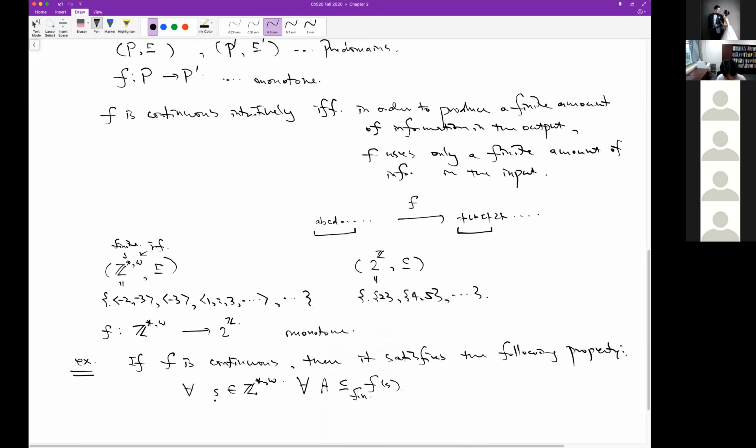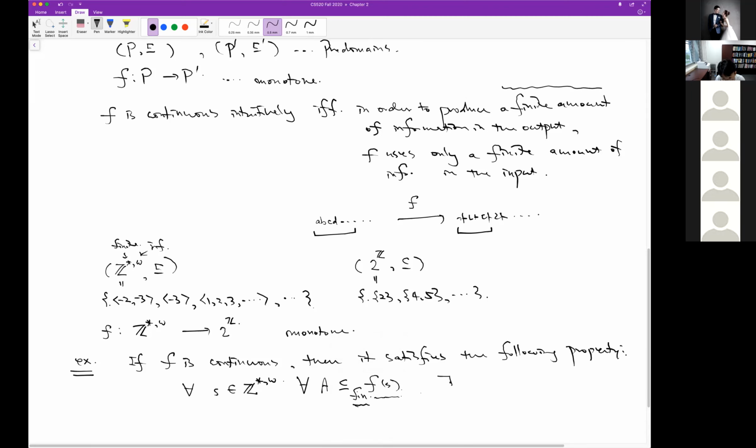This means that we take an input and we apply F to the input, so this is going to be an output. Now for the output, we take only a finite subset. We are not taking an infinite subset. That is a bit like taking a finite amount of information in the output. So this finiteness is really important.